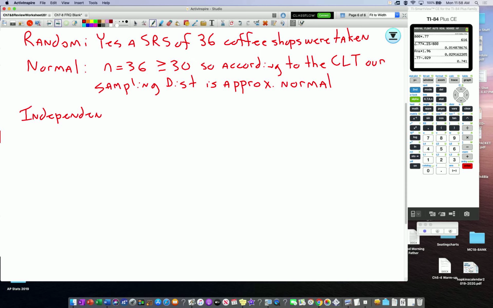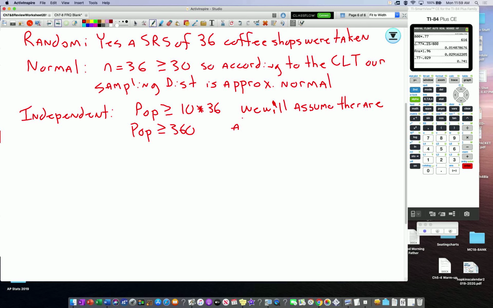We are sampling without replacement, so we need to check: is the population greater than 10 times 36? So is our population greater than 360? We will assume there are at least 360 coffee shops in this metro area.